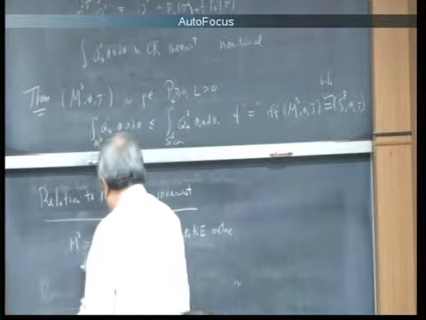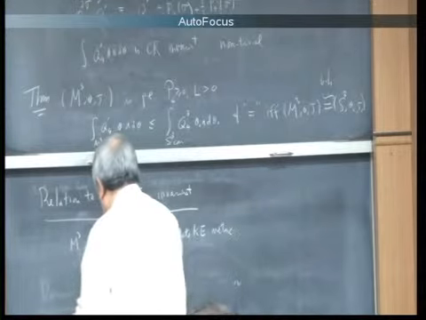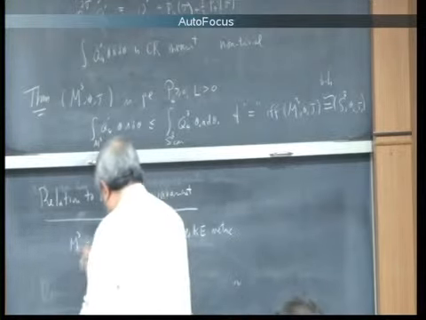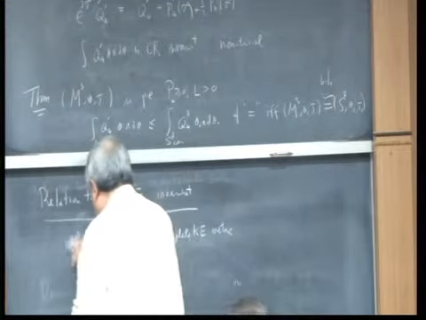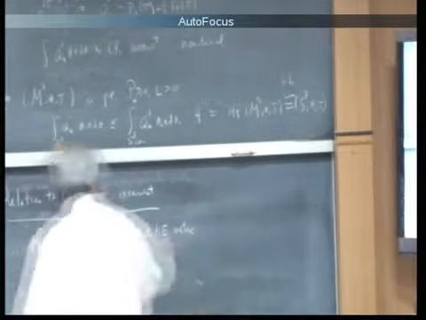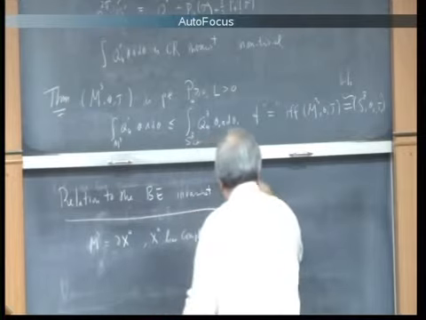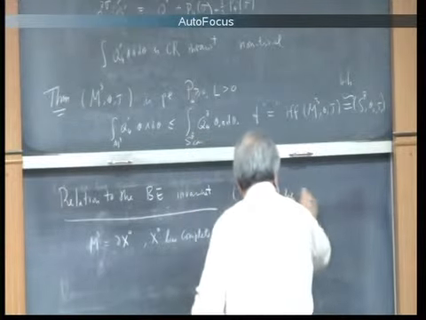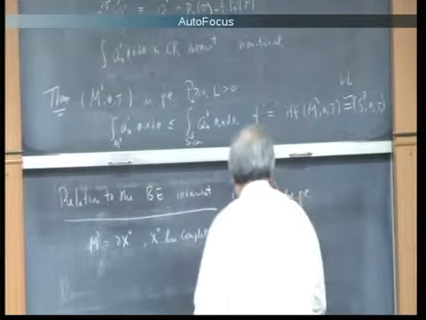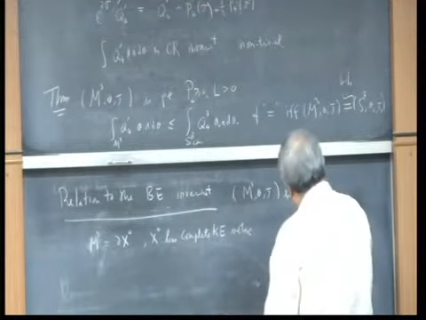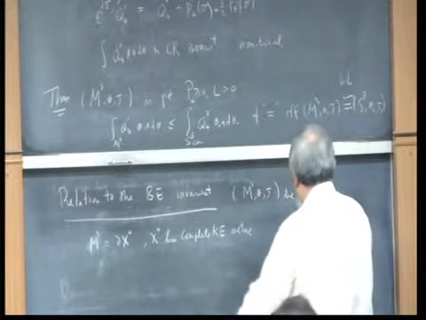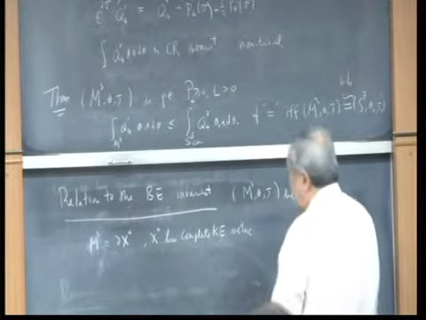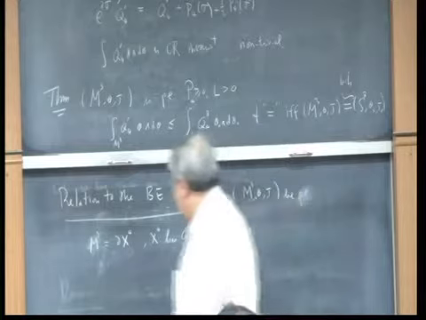So theta is the contact form. I really should write it this way. So (M3, theta, J) is itself pseudo-Einstein. I guess you don't need it for the Burns-Epstein invariant. For the Burns-Epstein invariant you don't need extra assumptions.